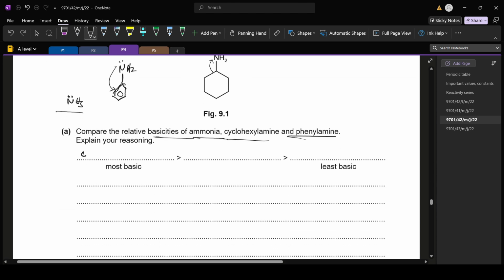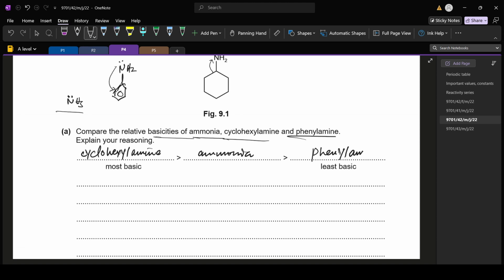Okay, cyclohexylamine. Then you have ammonia, then this phenylamine. Okay, and what is the reason?